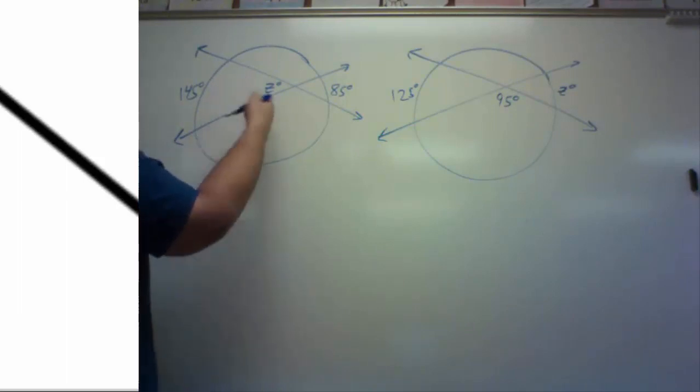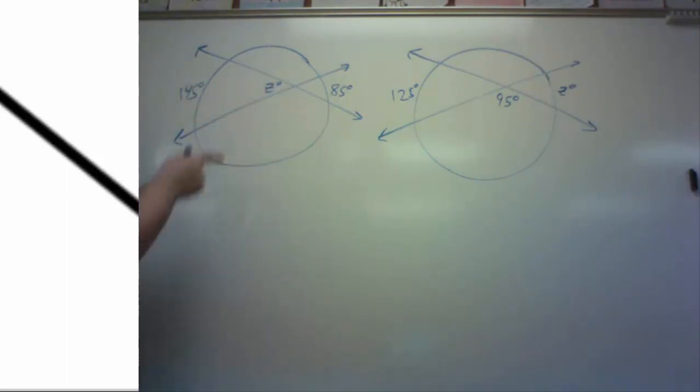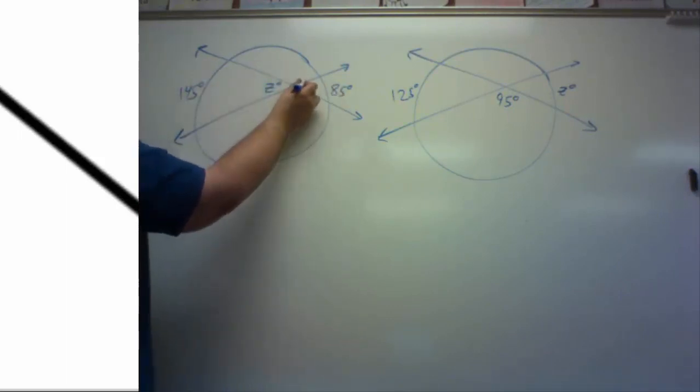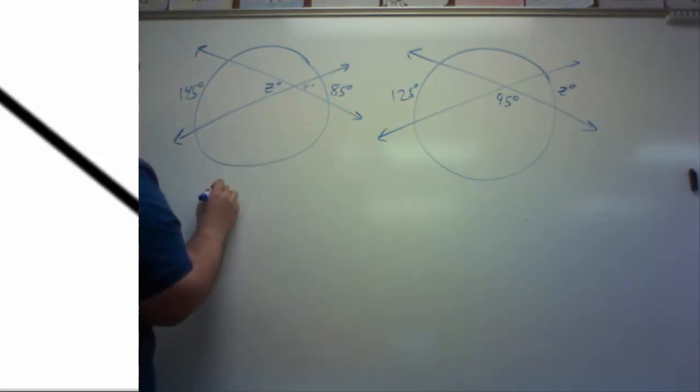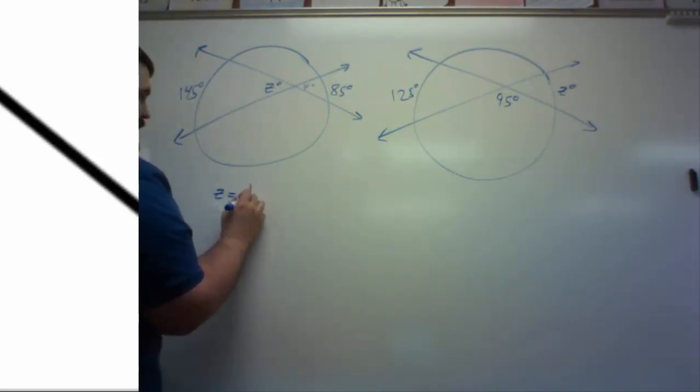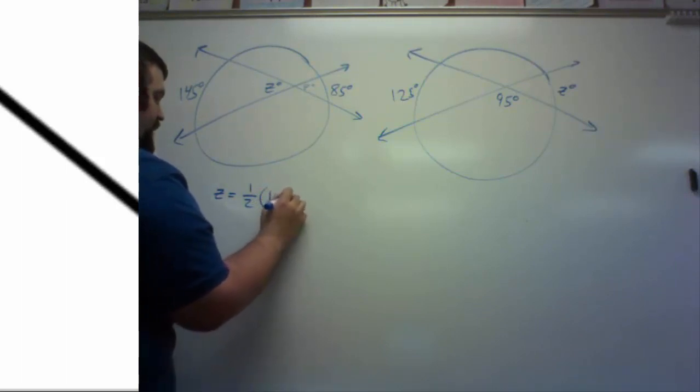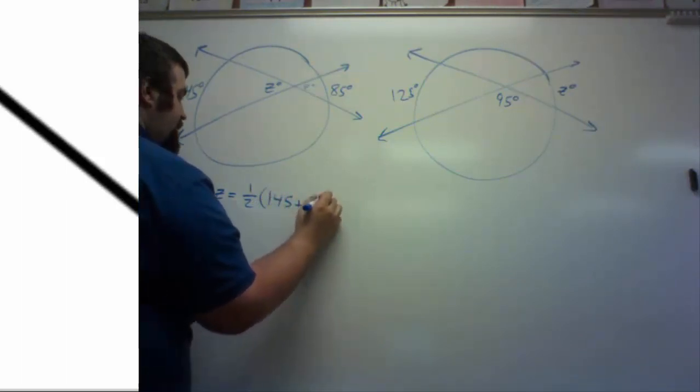Now, z here, I'm not just going to choose 145 for my answer. I'm not just going to choose 85. It's going to be the average of the two because these two are vertical angles. So I'm going to use those two arcs as an average. So z equals half of the two added together, 145 plus 85.